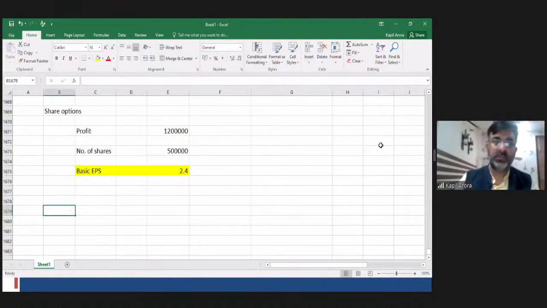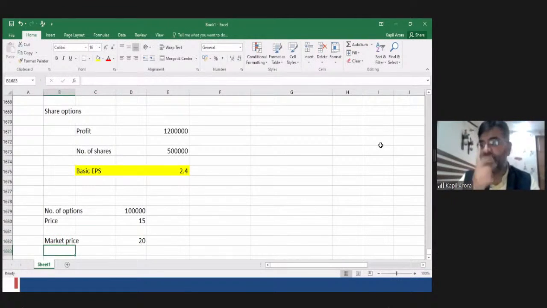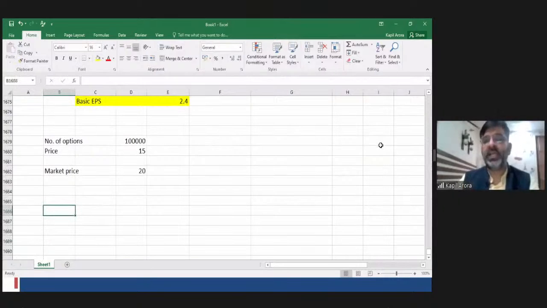So the number of options the company has is 1 lakh, price 15, whereas market price is 20. So what would be the impact if these options are exercised? What would be the impact on the EPS?